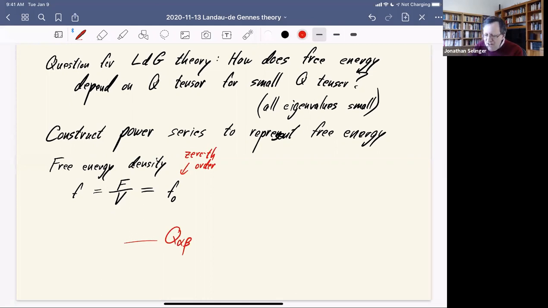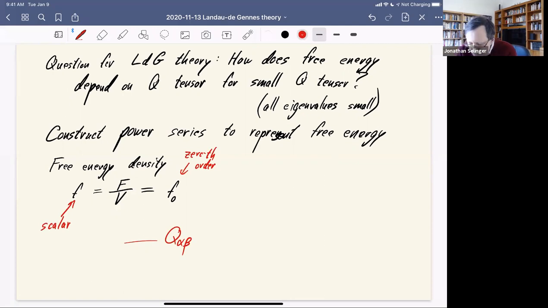Well, that's not right either because Q alpha beta is a tensor. It has two indices, alpha and beta. By comparison, the free energy density is a scalar. How can we make a scalar from a tensor, right?